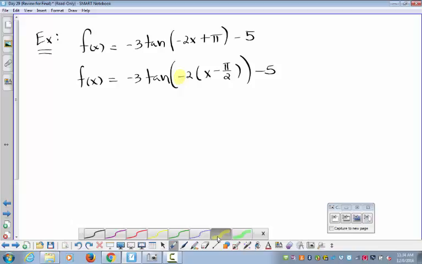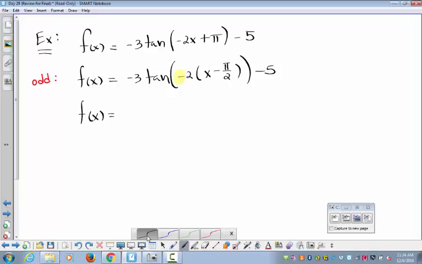It looks like that. Even functions are symmetric about the y-axis. So that function is odd. The only 2 even trig functions are cosine and secant. Those are the only 2 that are even. All the rest are odd. So it's an odd function, and so that means the minus sign jumps to the front.